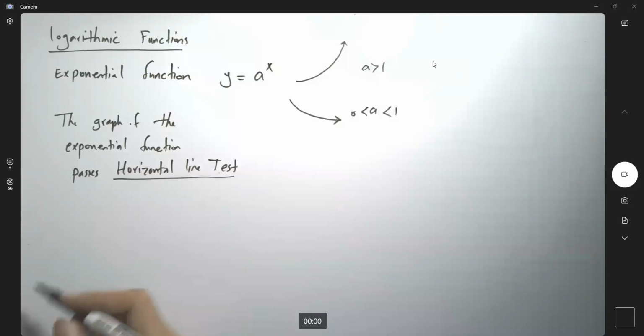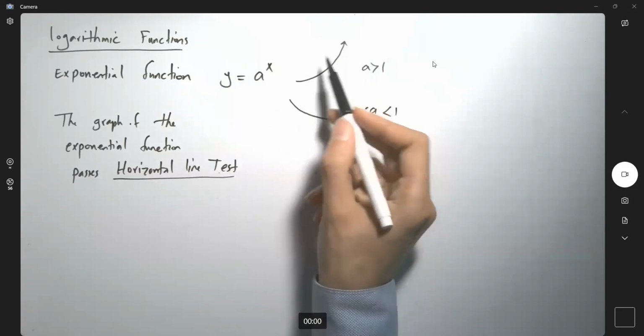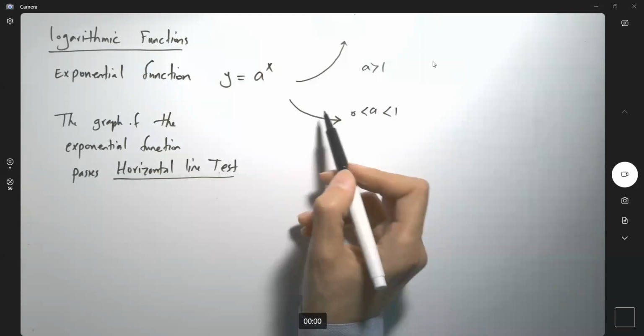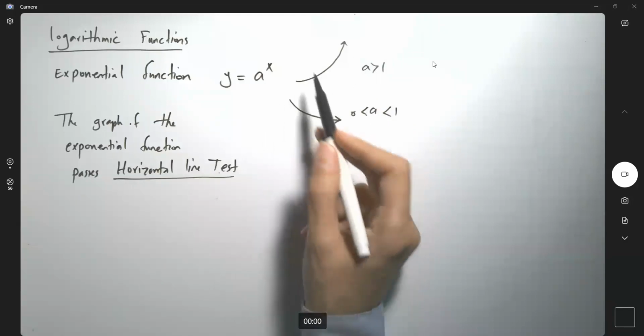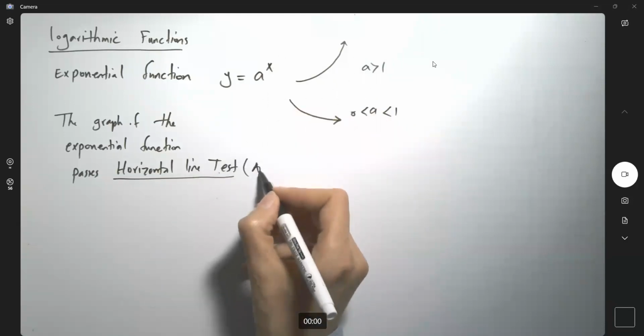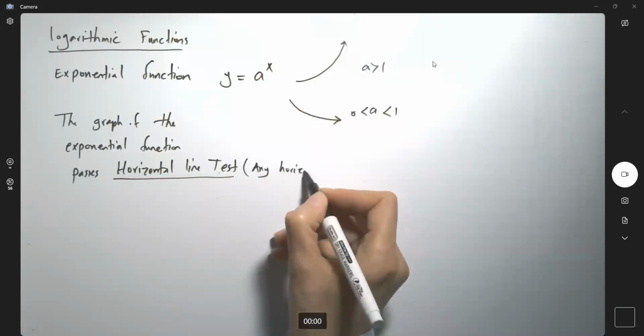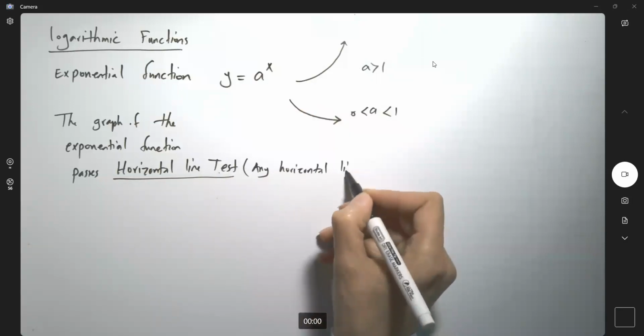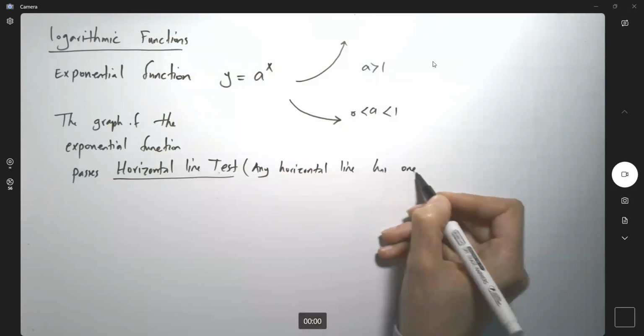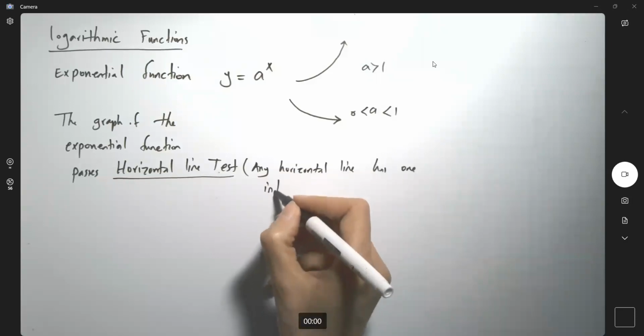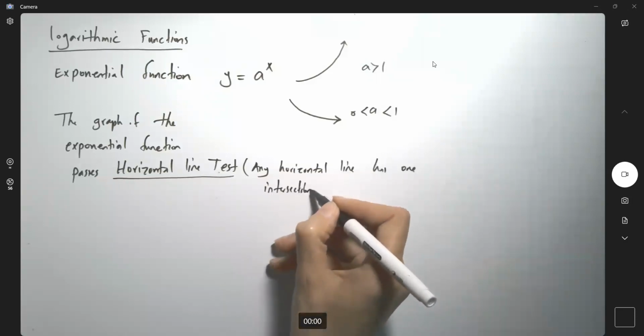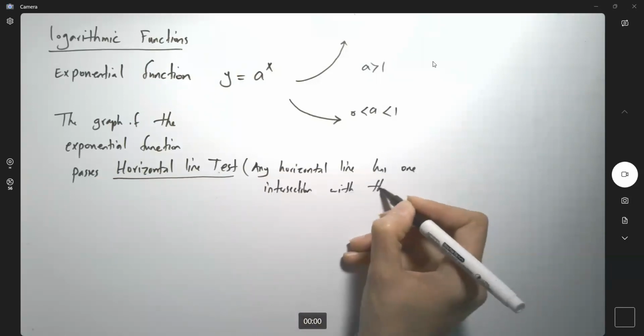What's the meaning of that? It means that any horizontal line has at most one intersection with the graph. Any horizontal line has one intersection with the graph.